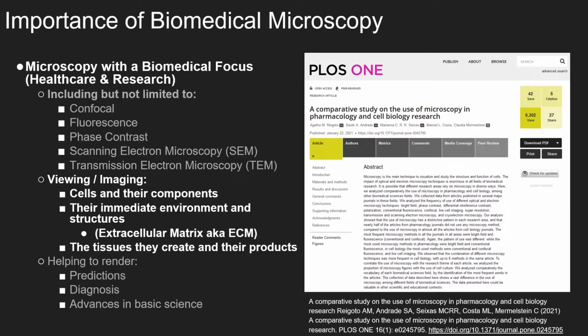Now, all these types of microscopy allow us biologists and those adjacent to study cells and their components, especially their immediate environment and structures outside, especially the extracellular matrix, which you can think of as the outer structures around cells that allow cells to have more structure, that allow tissues to have more structure to facilitate nutrient transfer, but also communication, and so many more.